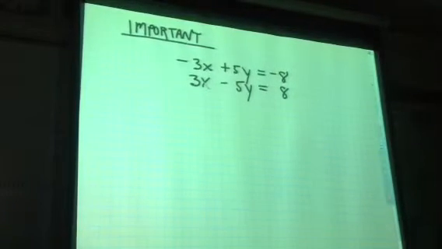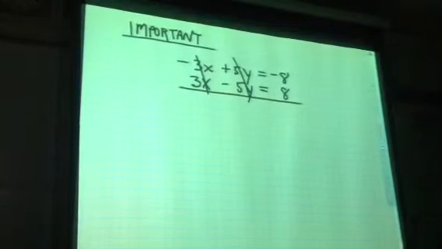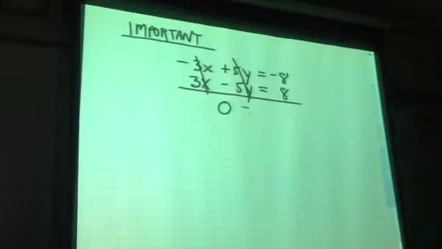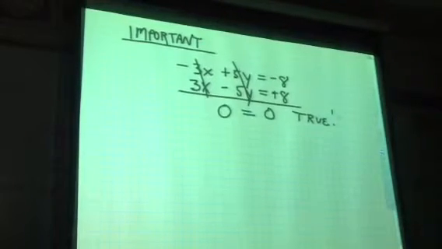And you say, oh, I could add those in and everything's going to cancel out. If the x's cancel out and the y's cancel out, you end up with a big fat 0 here. And what's negative 8 plus 8? Oh, that's going to give you a 0. Here's the deal. When both variables cancel out and you end up with a statement that is true, now listen again.